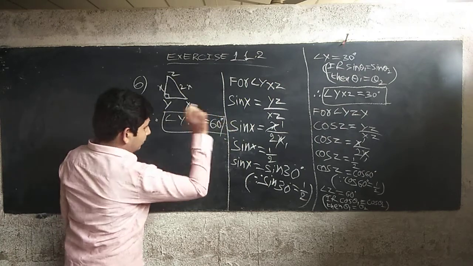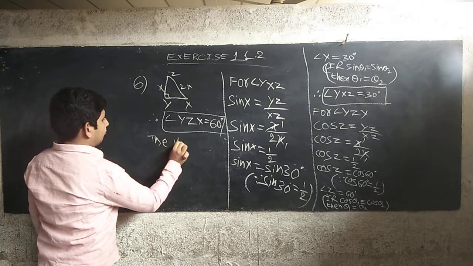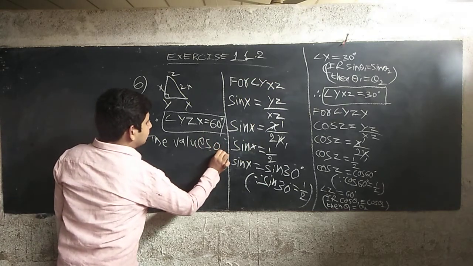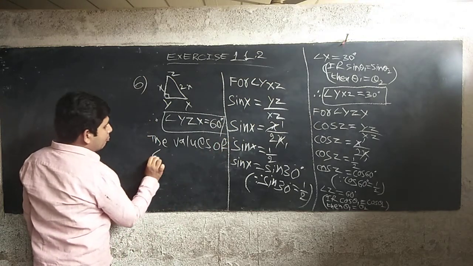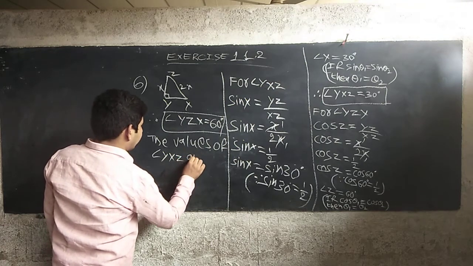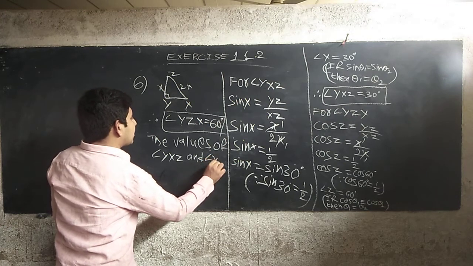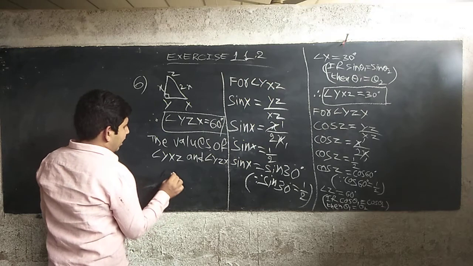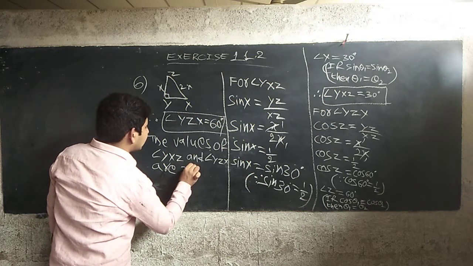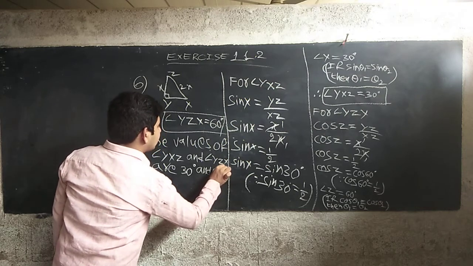Now write the values of angle yxz and angle yzx: angle yxz equals 30 degrees and angle yzx equals 60 degrees. Okay, this is your sixth problem.